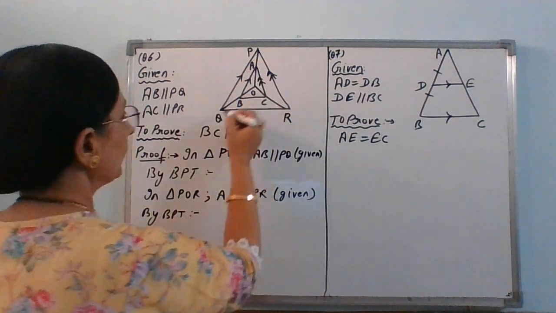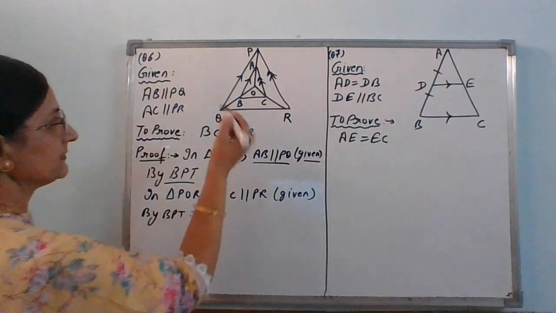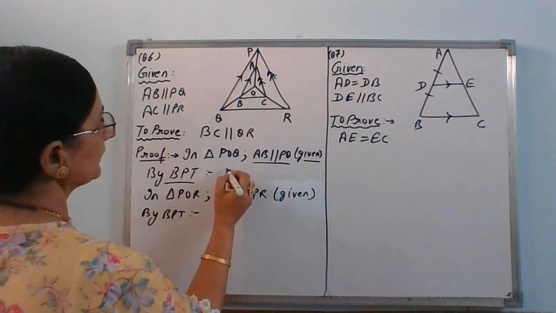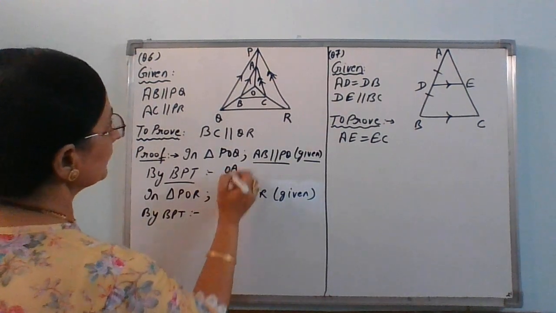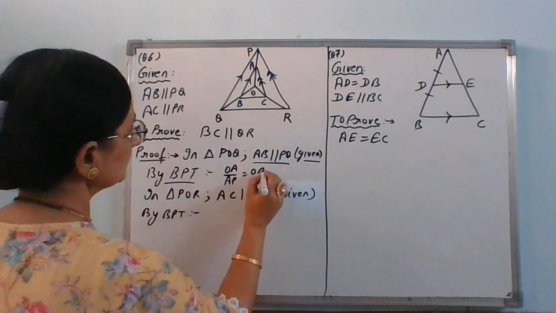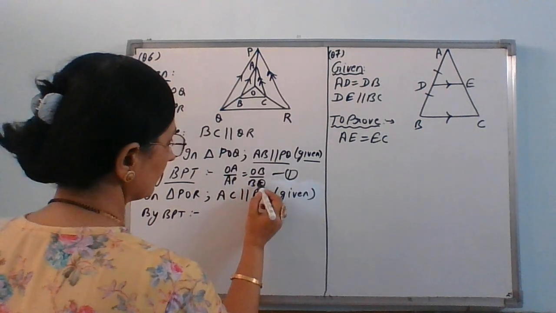In triangle POQ, what is given? AB is parallel to PQ, given. So by BPT, sides will be in ratio. In this triangle, if this is parallel, what will be the ratio? OA upon AP will be equal to OB upon BQ. Number 1. This is Q, right?